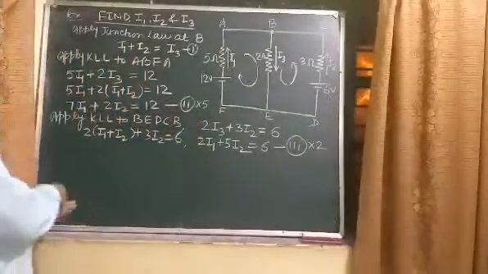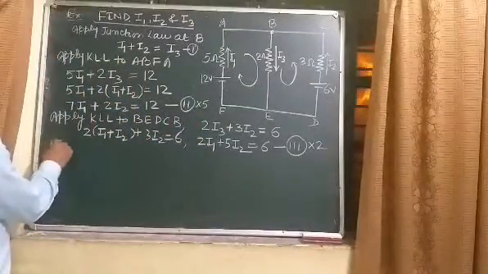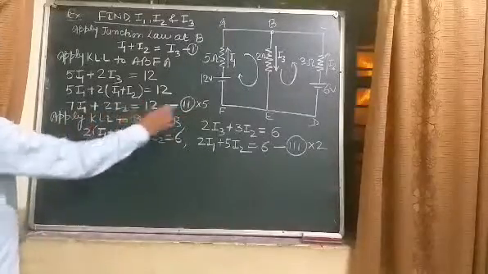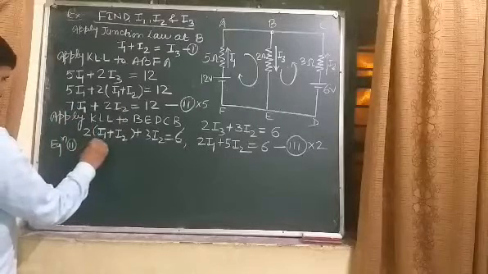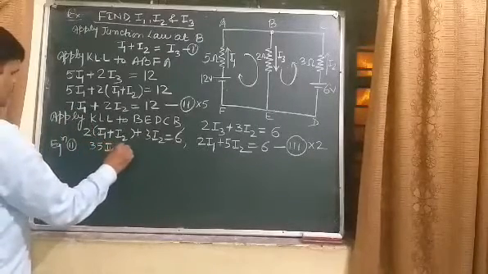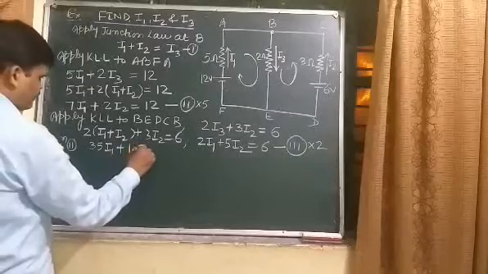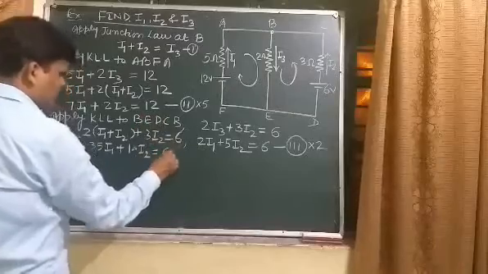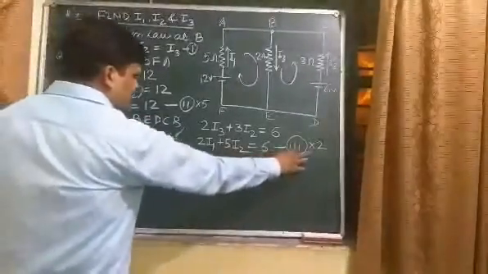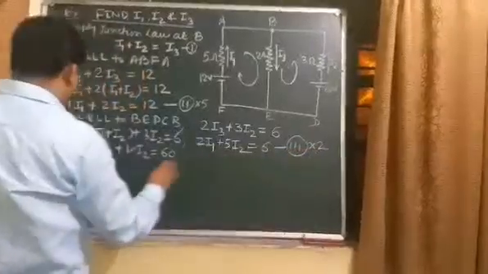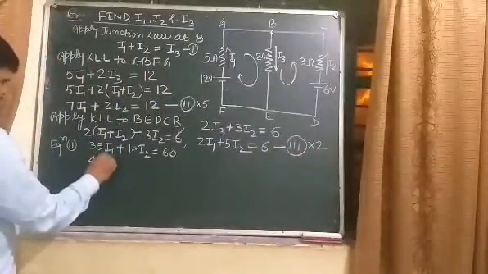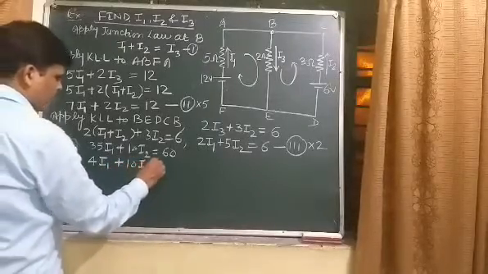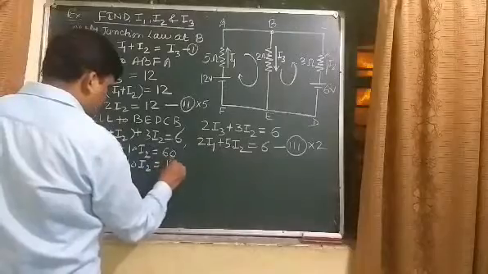So equation 2 can be written as 35 I1 plus 10 I2 is equal to 60. And equation 3, multiplied by 2, can be written as 4 I1 plus 10 I2, which is equal to 12.